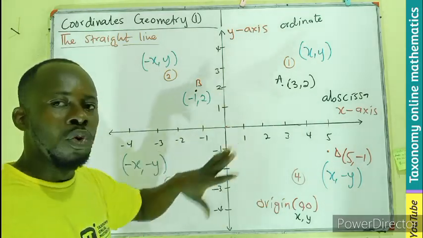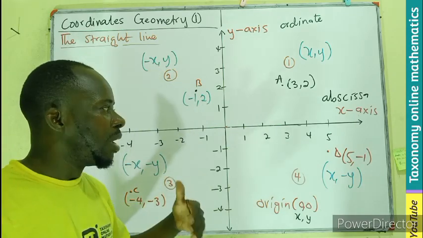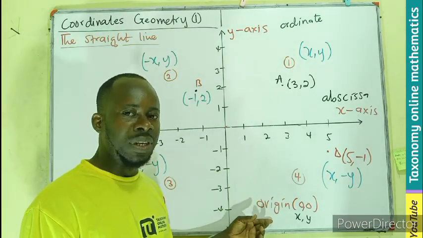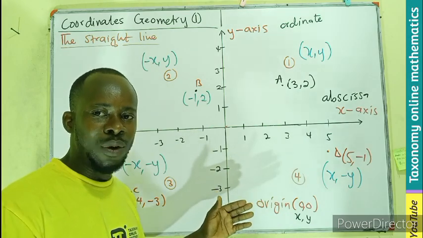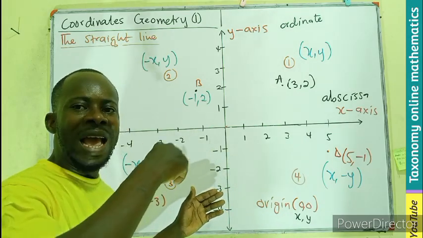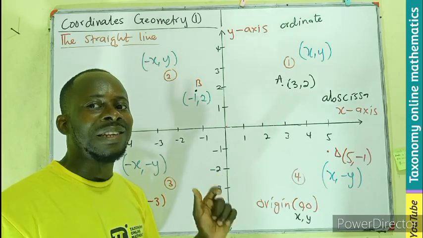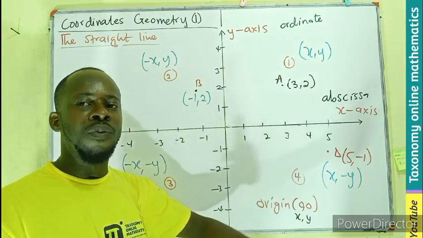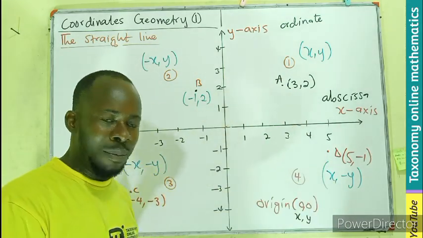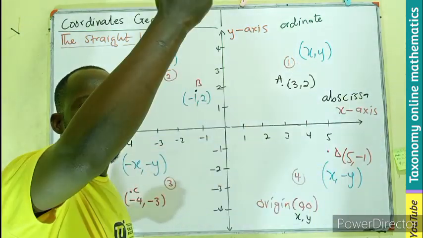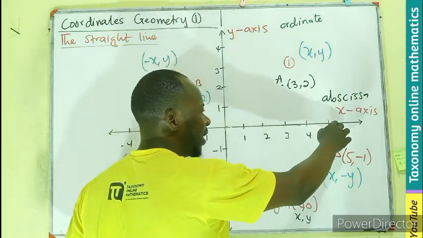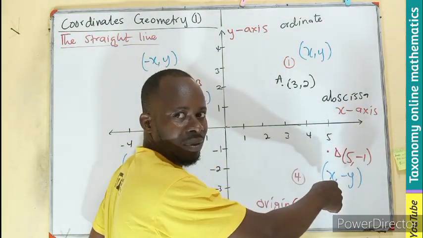Any point at all can be located on the Cartesian plane, taking into consideration the origin, knowing very well that for every point that you are picking, you are moving on the x-axis first before the y-axis. So I am moving towards the east, then I move up, or I am moving towards the east, then I move south.